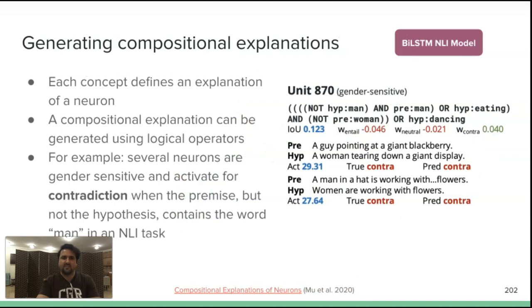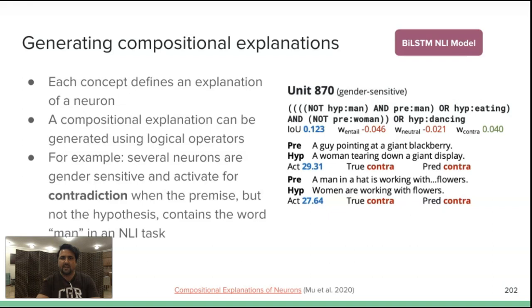The findings that we saw earlier use visualization to explain the function of a neuron and align it with a concept. Another piece of work that was recently published by Mu et al. used a different technique, where they build explanations using compositions of logical operators.